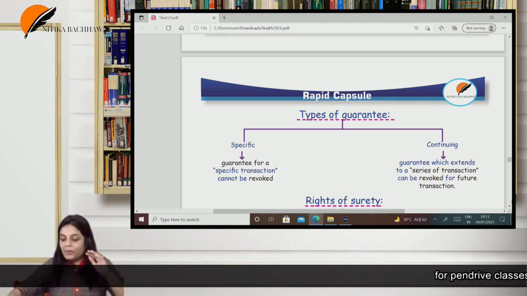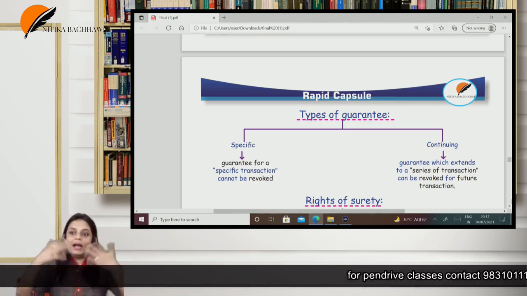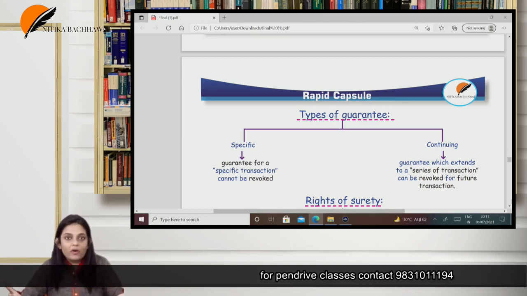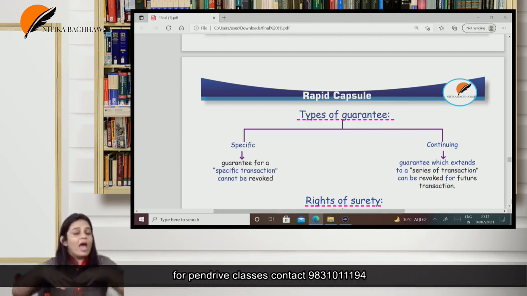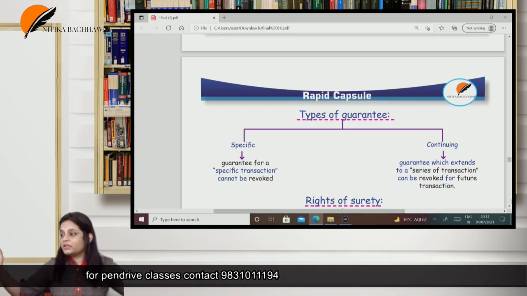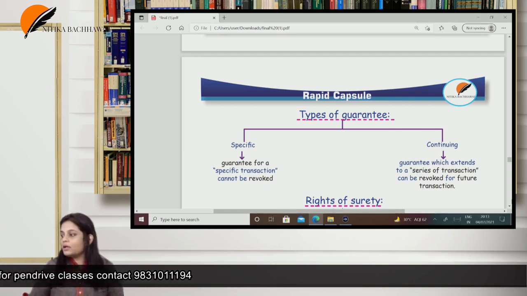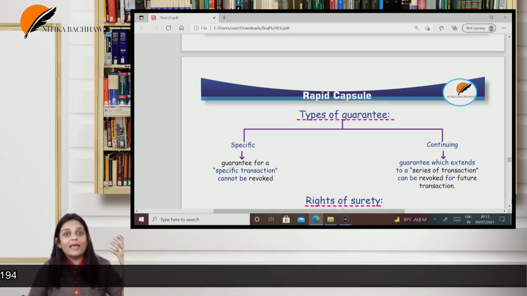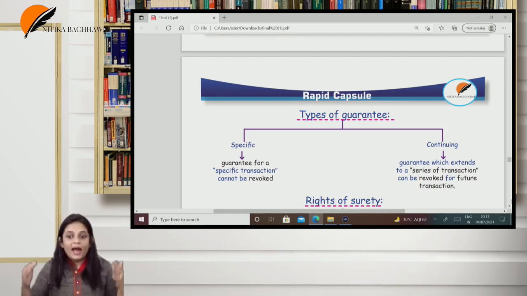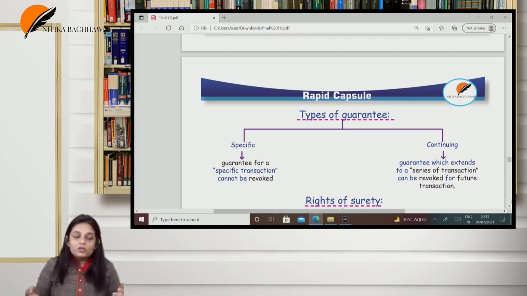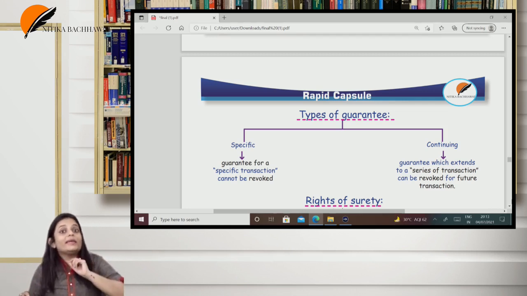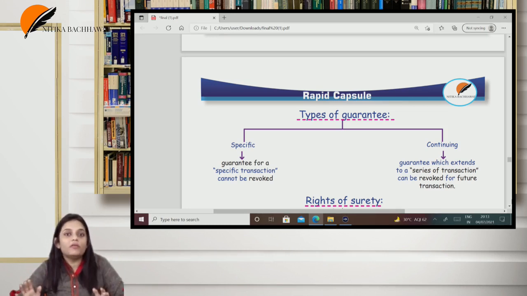No. I cannot do it because on the basis of my guarantee, the other person had already given the credit. So a specific guarantee cannot be revoked.